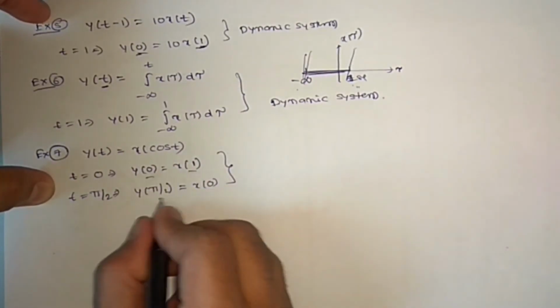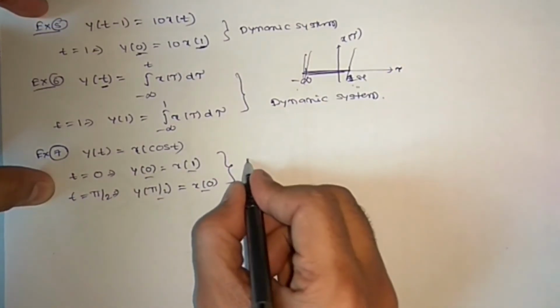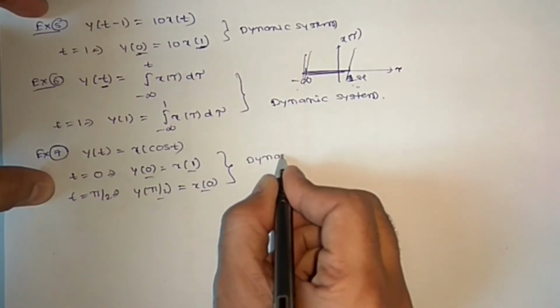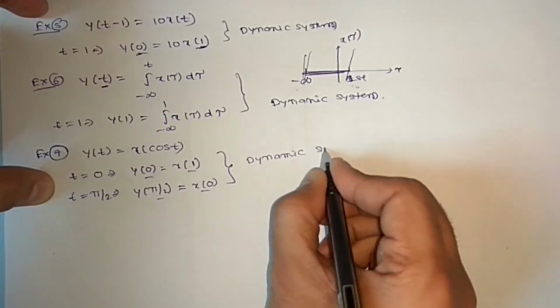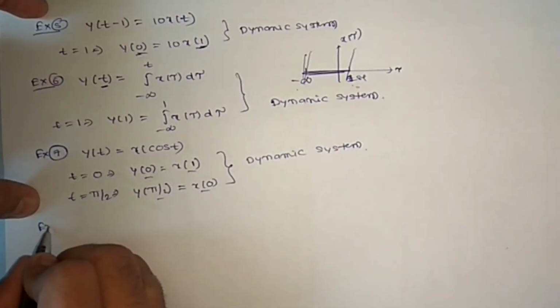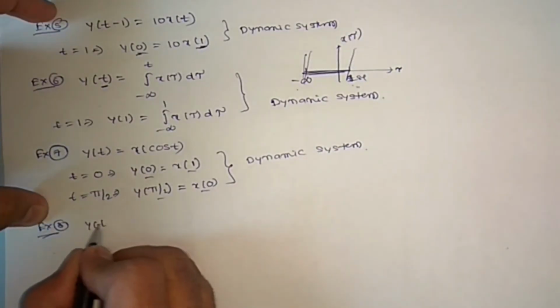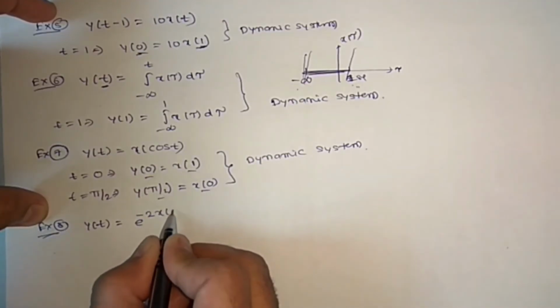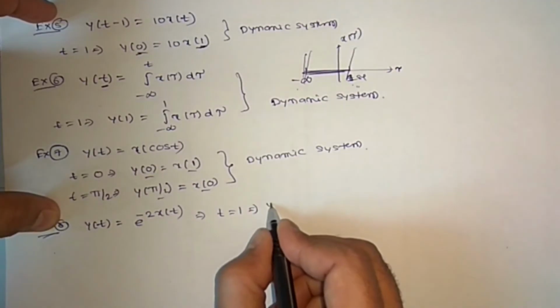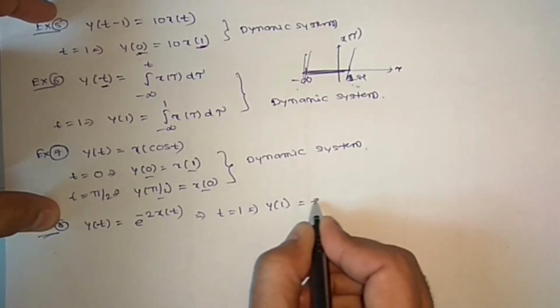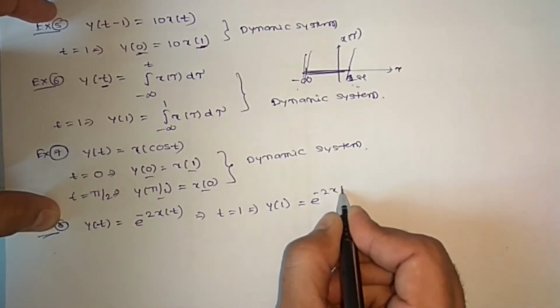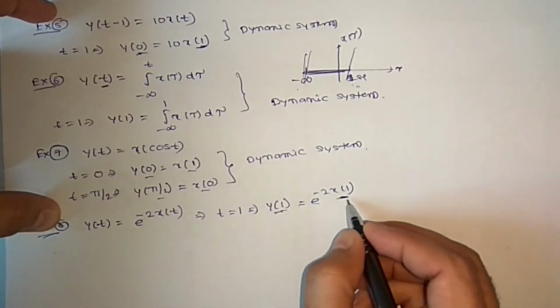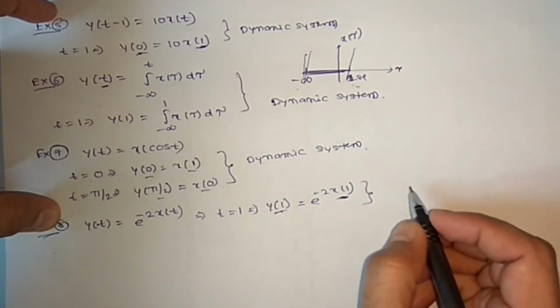Still there is no matching time, so this is a dynamic system. For example 8, y of t equals e power of minus 2 times x of t. At t equal to 1, y of 1 is e power of minus 2 times x of 1. The output is depending on the present value of the input, so this system is static.